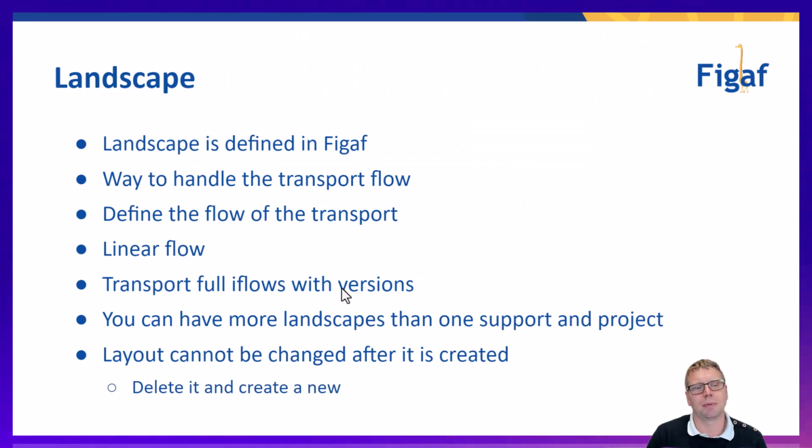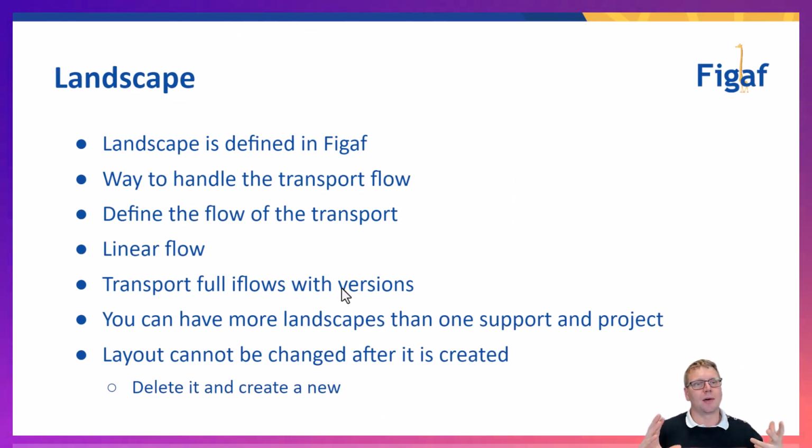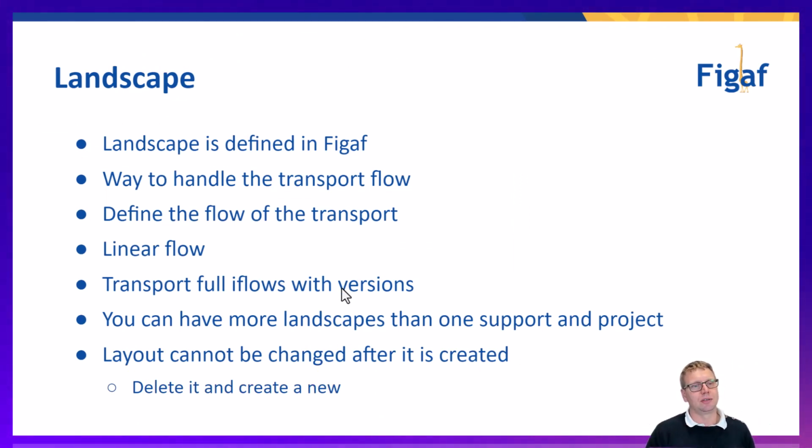So a landscape in FreeGraph is a way to handle how this flow can be set up. It is the way you would be transporting objects, so you cannot skip part of the landscape. You need to use this as a way to handle these scenarios.